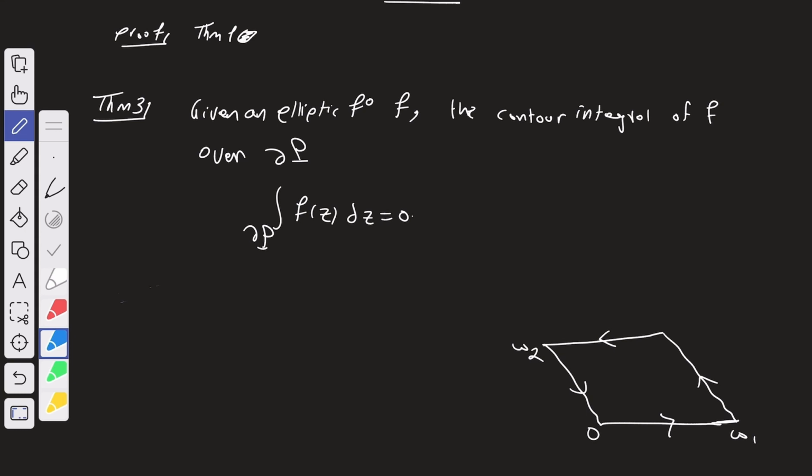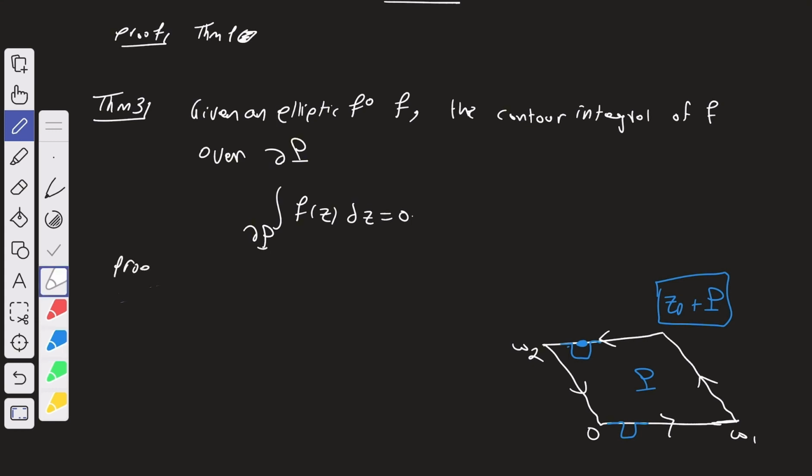We can assume that the integral is well defined without loss of generality, because if we had a pole on some edge, we can either translate this parallelogram P to z0 plus P with no poles on the edges, or we can go around this pole as such, and then our statement will be okay.